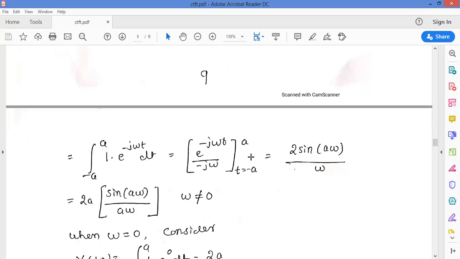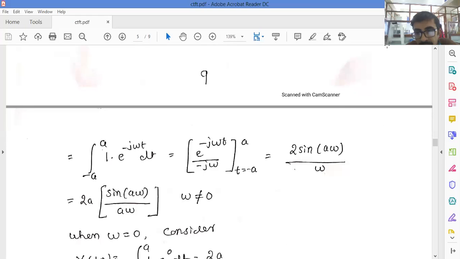So what happens here? 1 by omega I take outside, substitute t equal to a, so we get e power minus j omega a minus e power plus j omega a divided by j omega. Are you able to follow? Or any doubt you have? Any doubt? Are you able to follow this one?